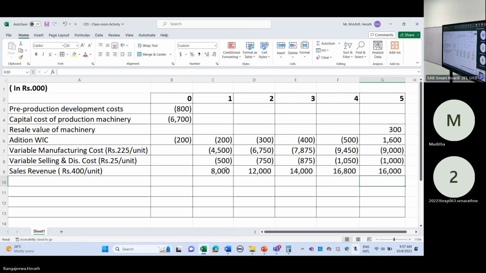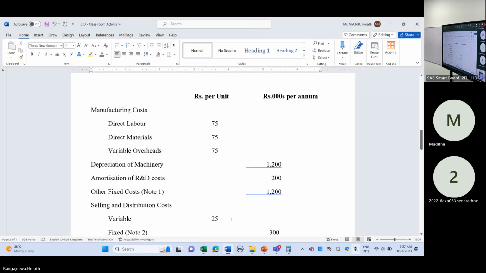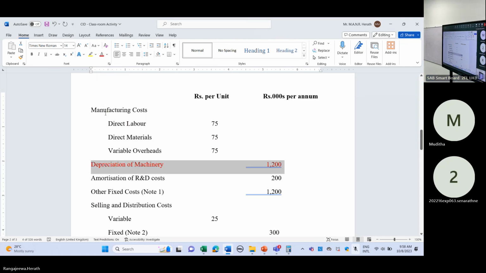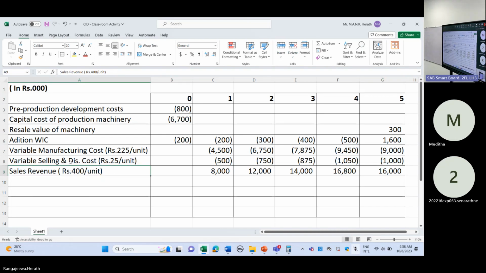Okay, then we have fixed cost. Depreciation of machinery: are we taking this? We go ahead with the cash flows here. Sales revenue is given directly and we have taken variable cost separately.